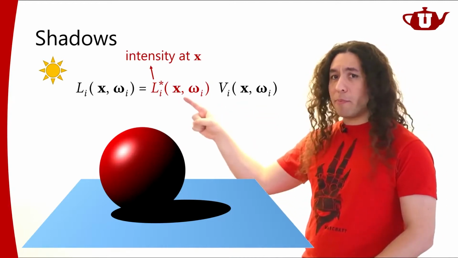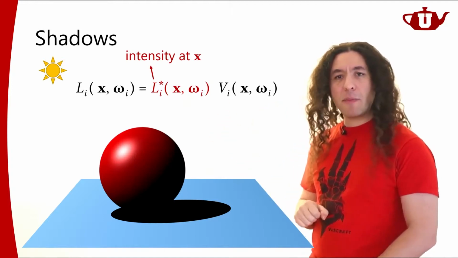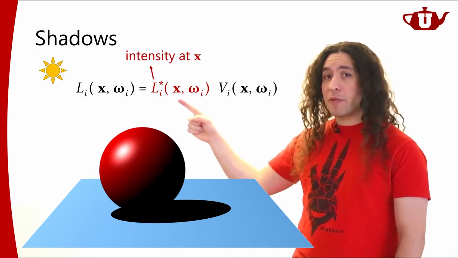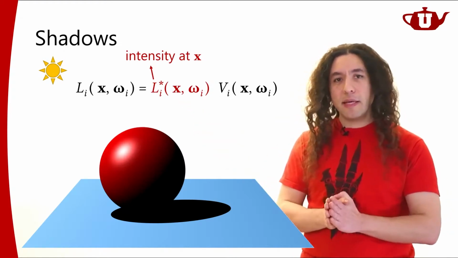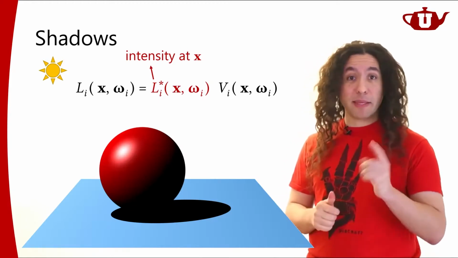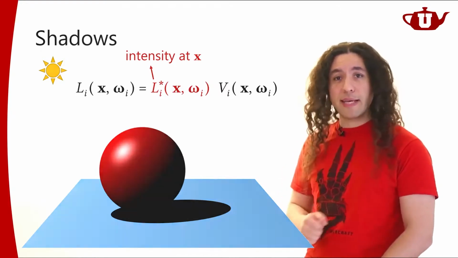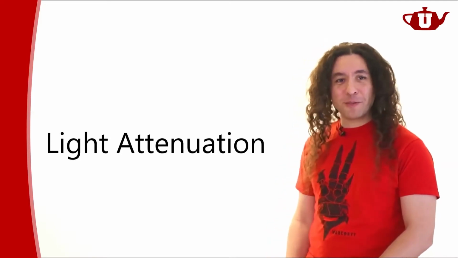So we're going to look at that point x and see how much light is coming, because you might assume that the light coming to that point X is just the light intensity, but that's not necessarily the case, because there's this concept of light attenuation, something that we haven't really talked about in this class. So let's talk about light attenuation before we get into shadows.